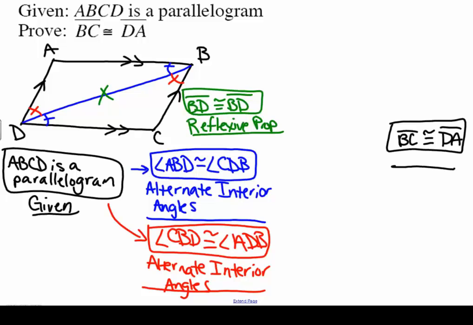Okay, and so now we can say that those two triangles are congruent. Okay, so I'm going to say triangle ABD is congruent to triangle CDB.